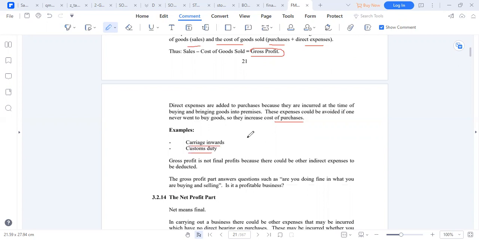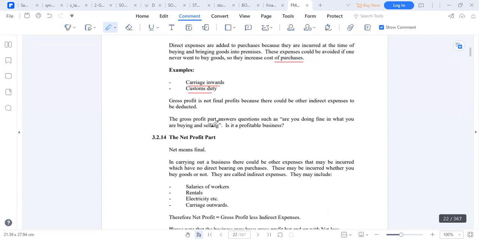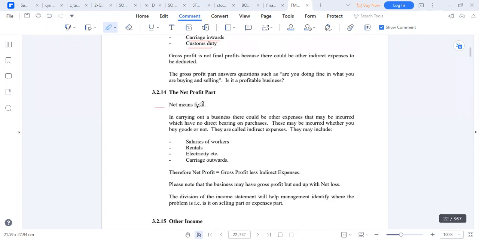According to the standards, this is an expense that we can simply add to the purchases. And for the net profit, we have what we call less expenses, which are the operational expenses. They're the indirect expenses, like salaries of workers, rentals, electricity, carriage outwards. When we add all these expenses and subtract them from our gross profit, what we get is called the net profit.